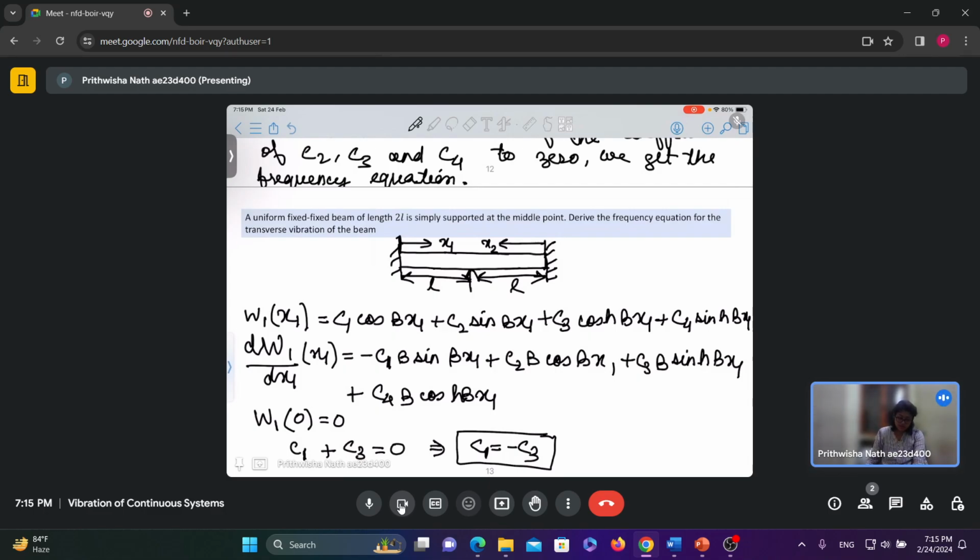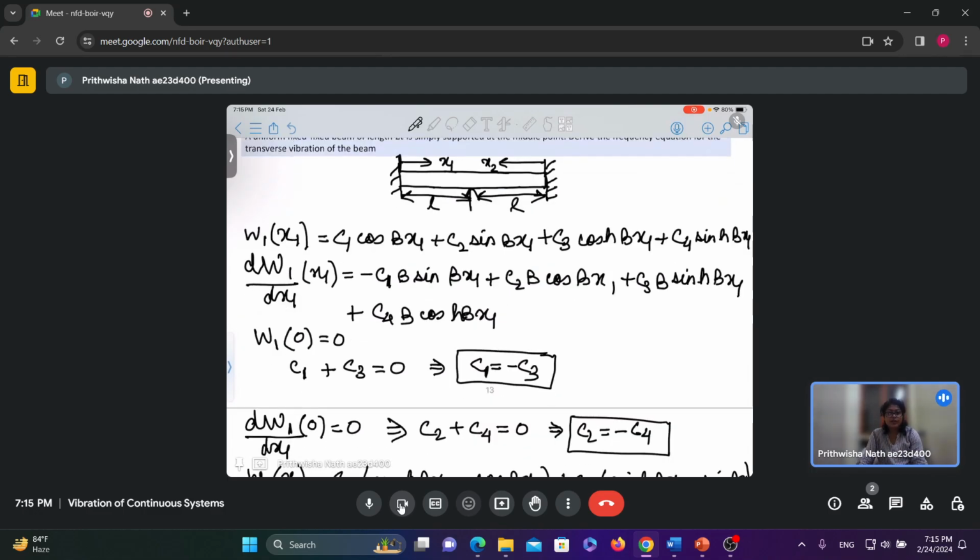Now for the first case we assume W1. Then we differentiate W1 with respect to x1, and W1 at x1 equals 0 is 0. So from this condition we get C1 equals minus C3.